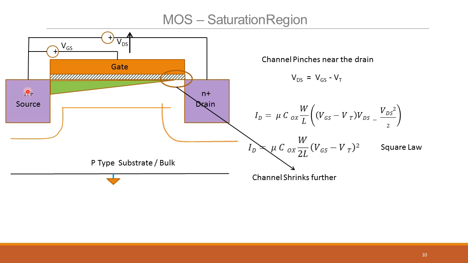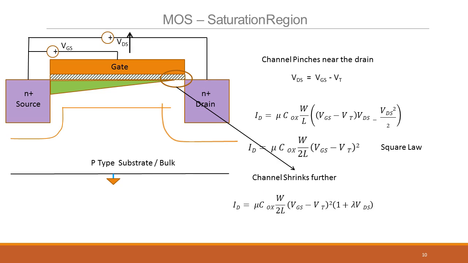Because across this is the voltage, VDS equal to VGS minus VT is dropped, where this equation came from, but the length is effectively reduced. The excess field as we increase VDS is dropped across this depletion region, and that is what takes the current through drift action, right?